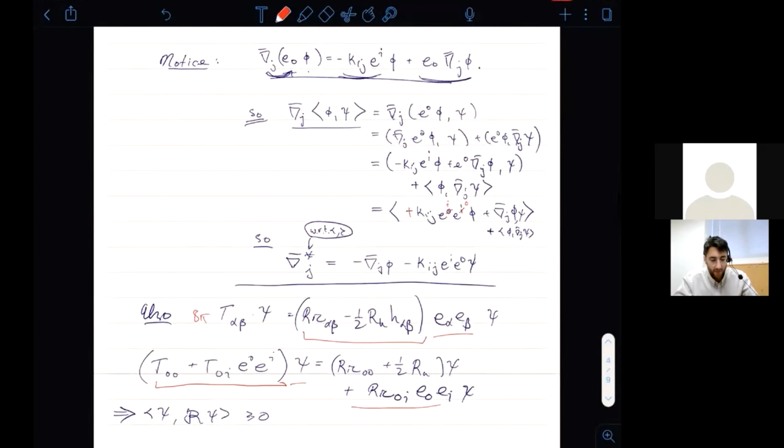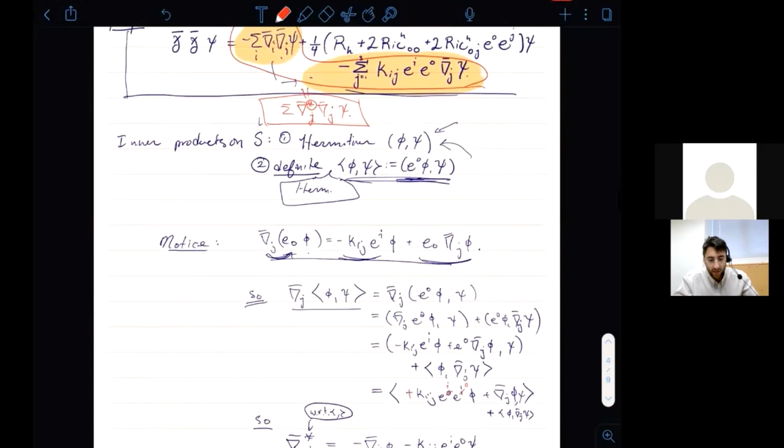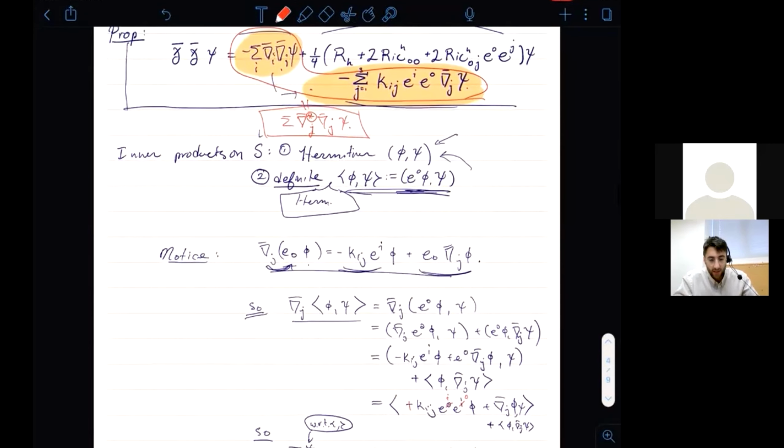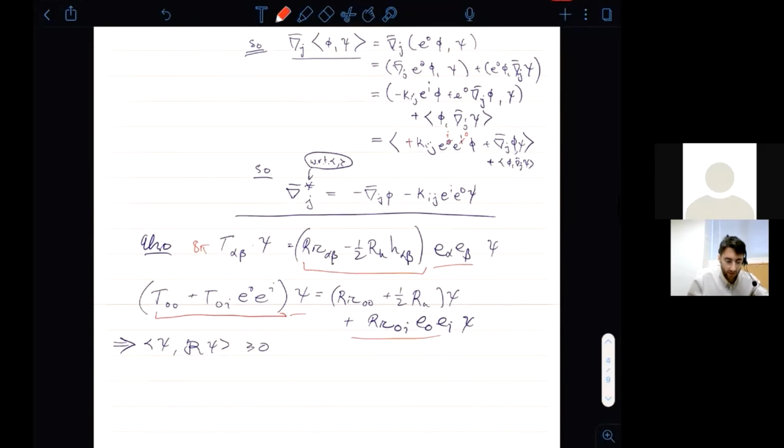And so if we calculate that and use Cauchy-Schwarz, on one hand, it looks like T00 norm psi squared, and then plus T0, psi, and then T0I, E0, EI, psi.